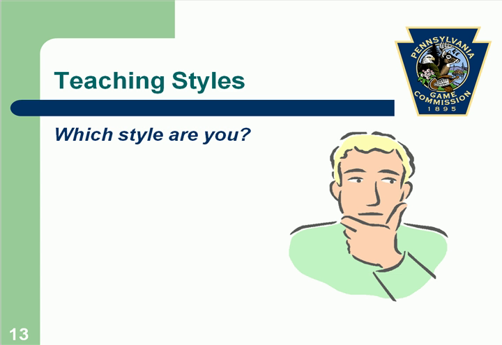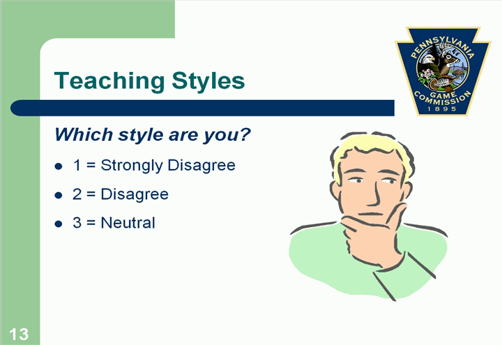Take a moment and respond to the following statements about teaching styles using this graded system. 1 means you strongly disagree with a statement. 2, you disagree. 3, you're neutral. 4, you agree.